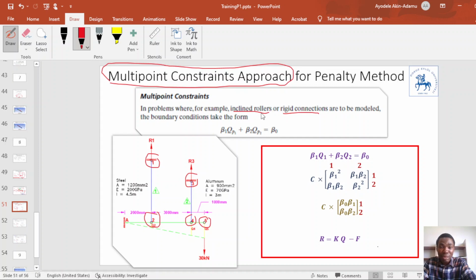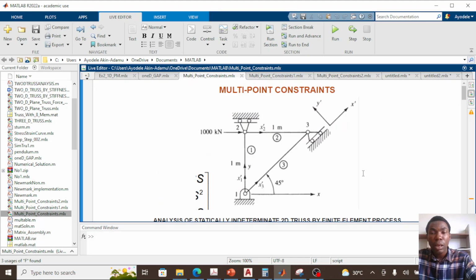We use the inclined roller to solve problems where we have an inclined roller support. There is a particular problem which I've solved before and which I'm going to solve in my future lesson. It's actually a two-dimensional plane source problem with inclined roller support. Let me see if I can find the MATLAB script where I solved the problem, so I can show you what I'm talking about.